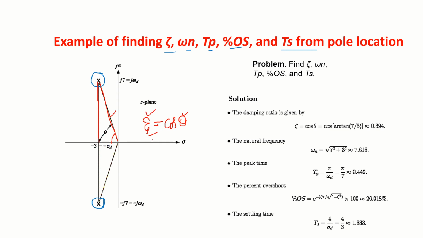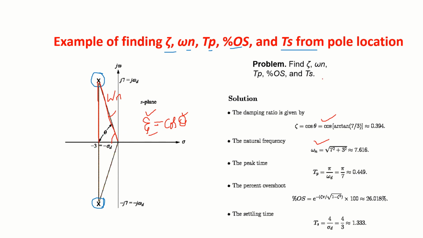But also zeta is known. Sigma d is nothing but zeta omega n. Zeta omega n equal to 3 means zeta is already known, omega n I can find out. Omega n is nothing but the square root of this plus this. Then for other things, all these values, you can just substitute and get it.